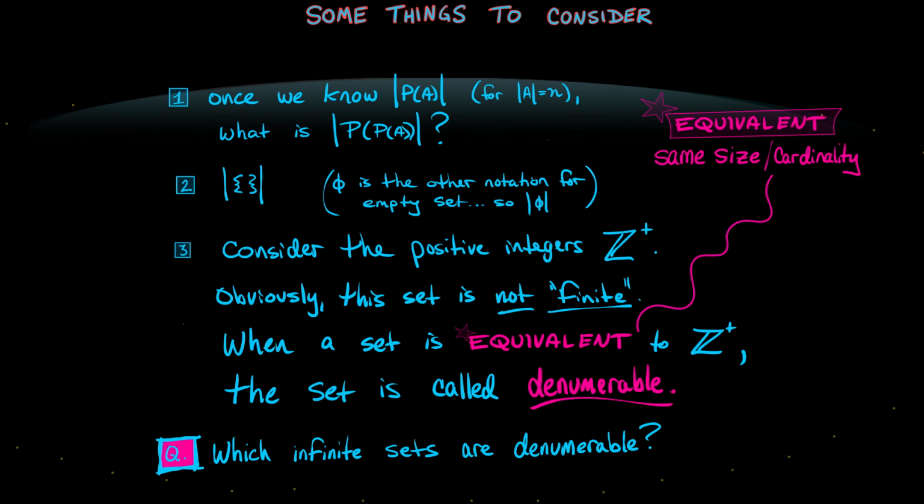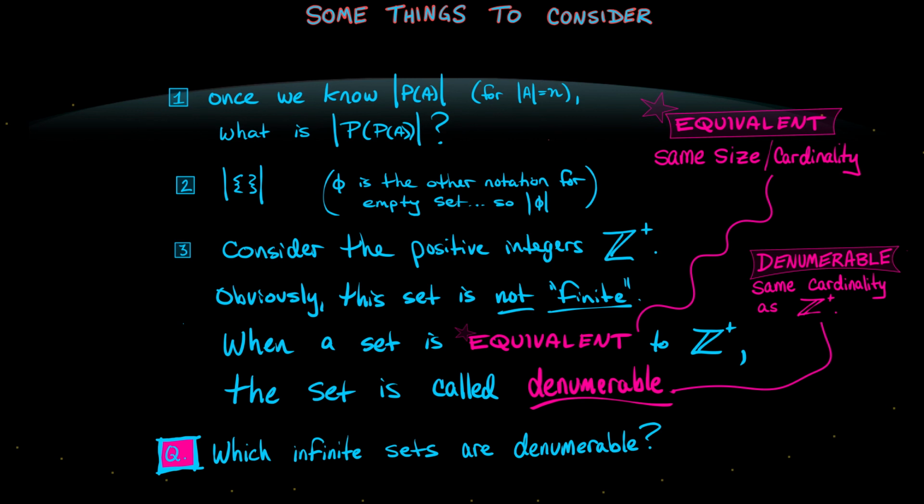But if you think about what it means to be equivalent to an infinite set, that might be a little bit weird, because how are we going to count if it's infinite? And again, whenever we hear the word denumerable, we want to think same cardinality as Z plus. So if you look this up online, you might see the same cardinality as N, the natural numbers, which is fine. That's just the positive integers including 0.